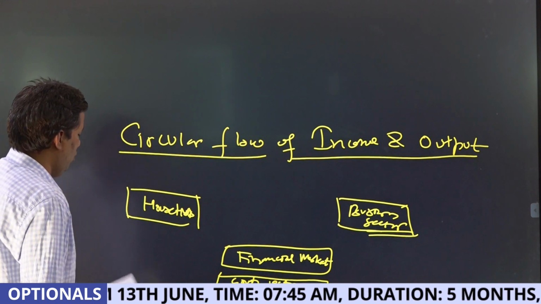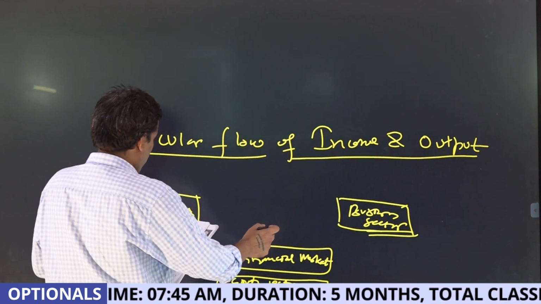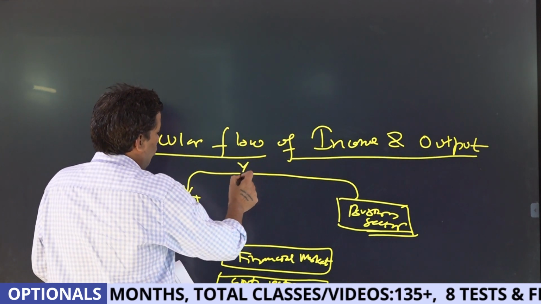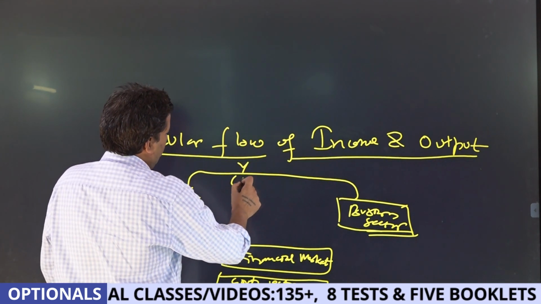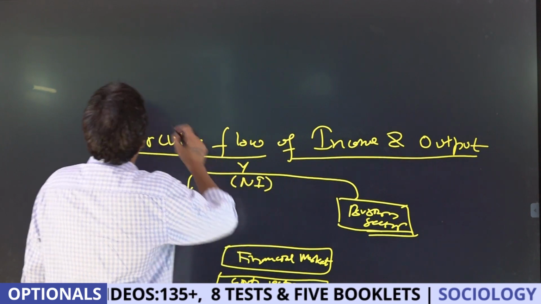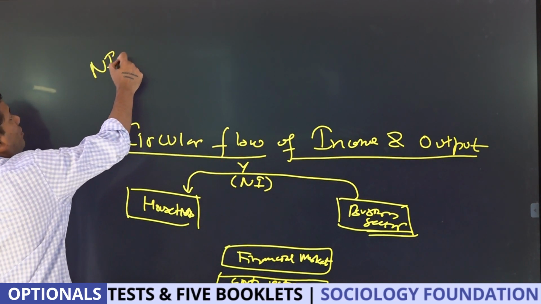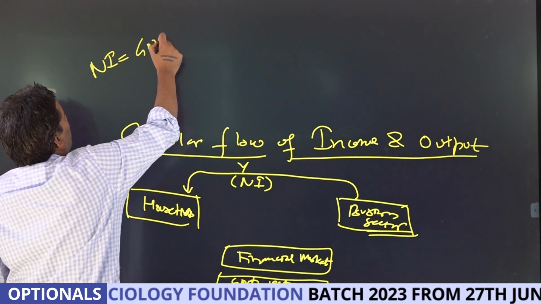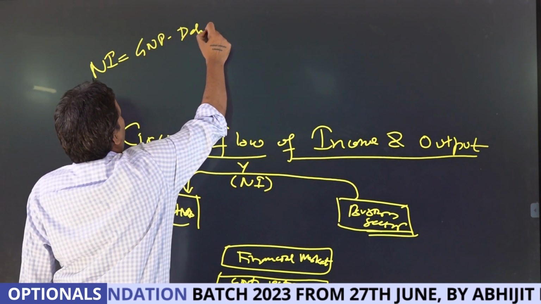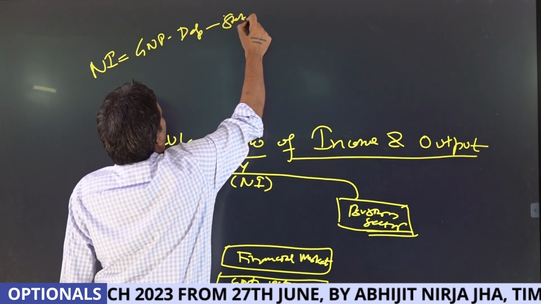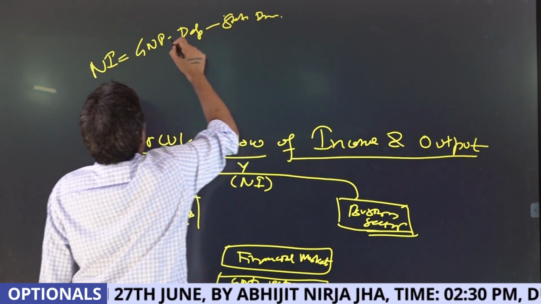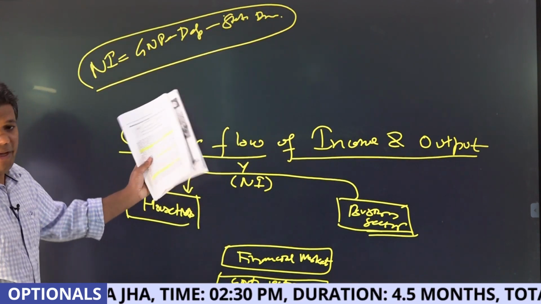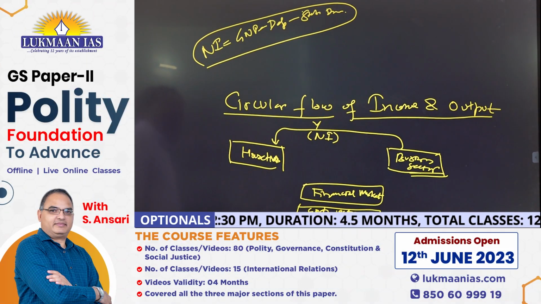Okay, so what is happening? From the business sector to households, this is your Y, and this is your national income. National income we already discussed. What is national income? GNP minus depreciation minus statistical discrepancy. Okay, if you just go 2-3 lectures back, you will remember what this definition is.